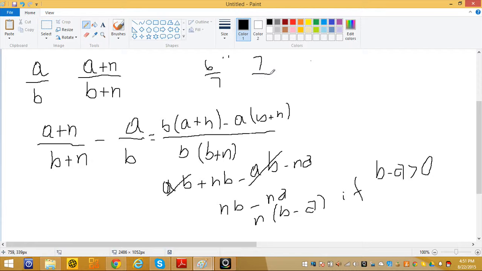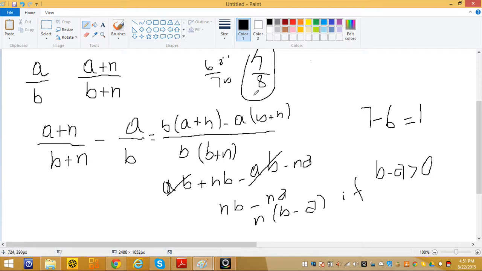I put 1 in the denominator, that gives me 8. For the formula, that's b and that's a. So b minus a is 7 minus 6, that gives me 1. This is a positive number, so I'm pretty sure the new fraction is greater.